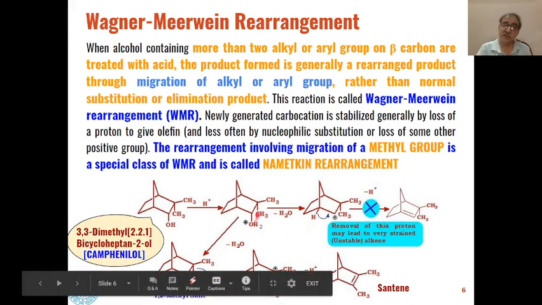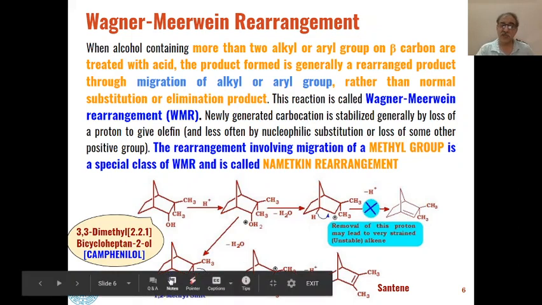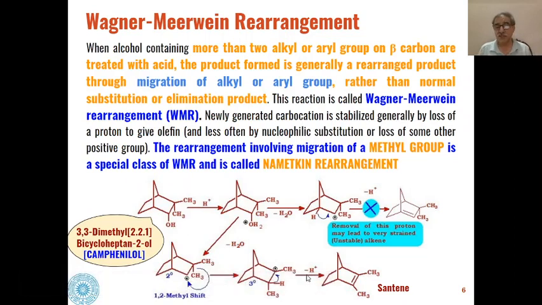Instead, this carbocation will undergo a 1,2-methyl shift, and this secondary carbocation will change into a more stable tertiary carbocation. This tertiary carbocation will then lose a proton at the beta carbon to give us this type of alkene as product.